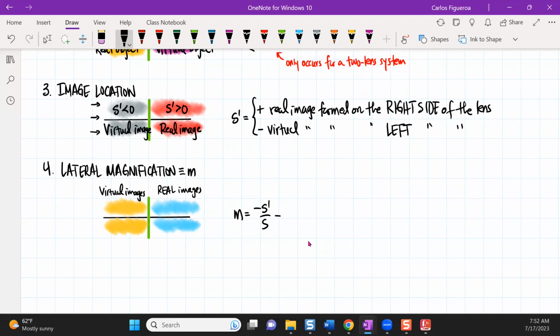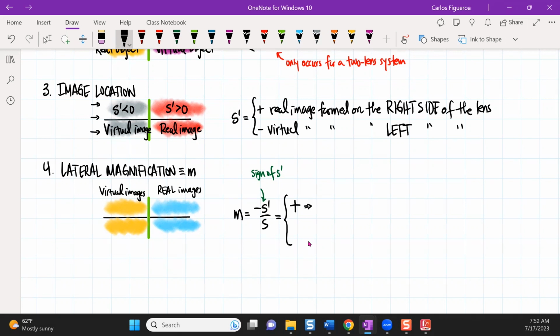So what does this mean here? What you want to focus on is the sign of S prime. Now, S for a single lens is always positive. So it's the S prime that's going to tell you. What you're seeing here is that the only way I get a positive sign is if S prime is negative.